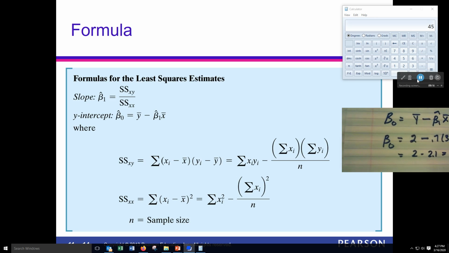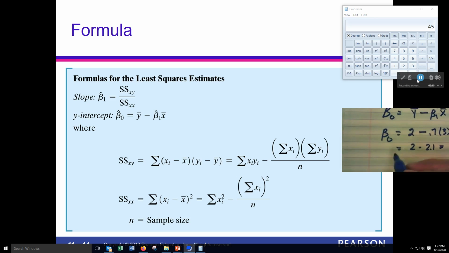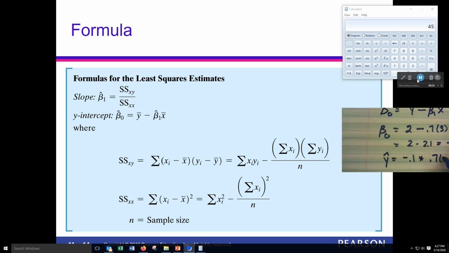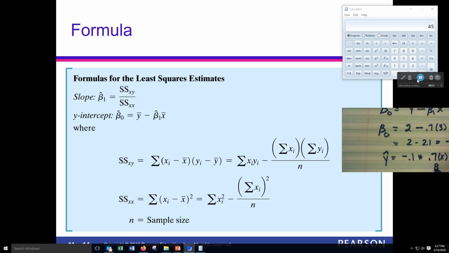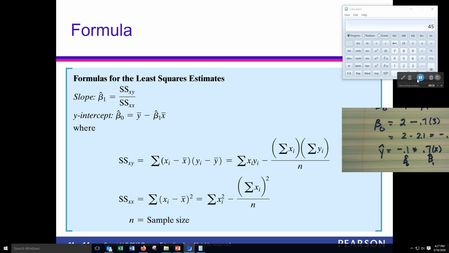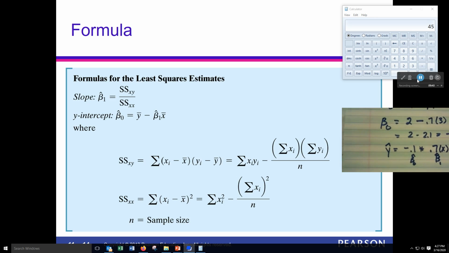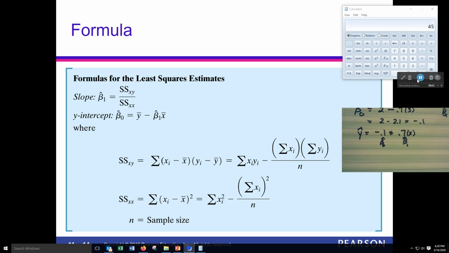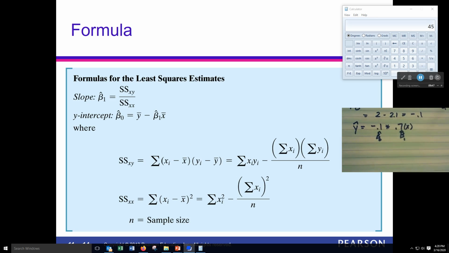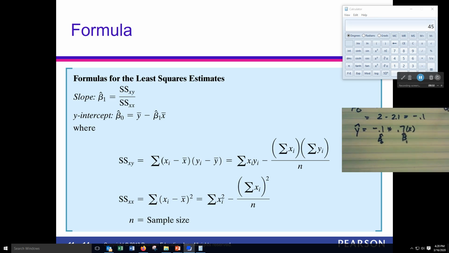That's a negative 0.1. So the equation for my regression line, y hat, is equal to negative 0.1 plus 0.7 times x. That's my beta 1 hat. That's my beta naught hat we just calculated. Okay, and that is how you calculate a simple univariate ordinary least squares model using the techniques that we just outlined.